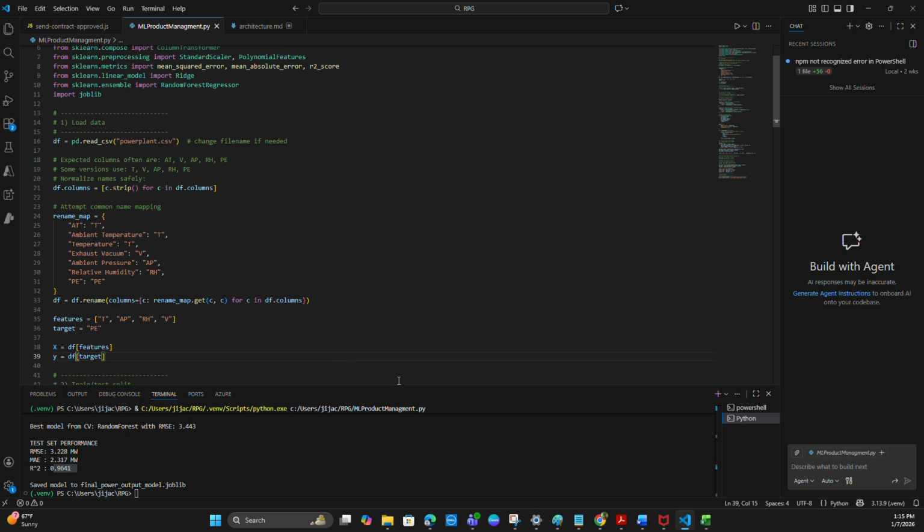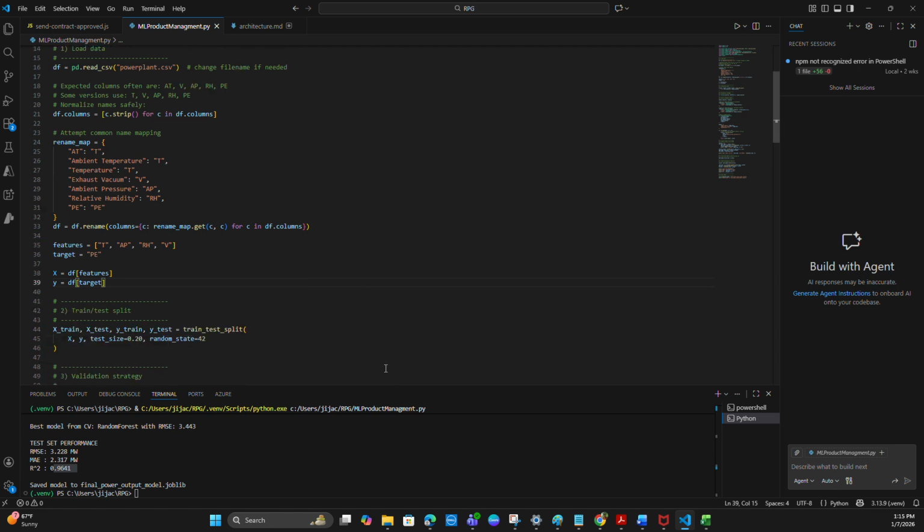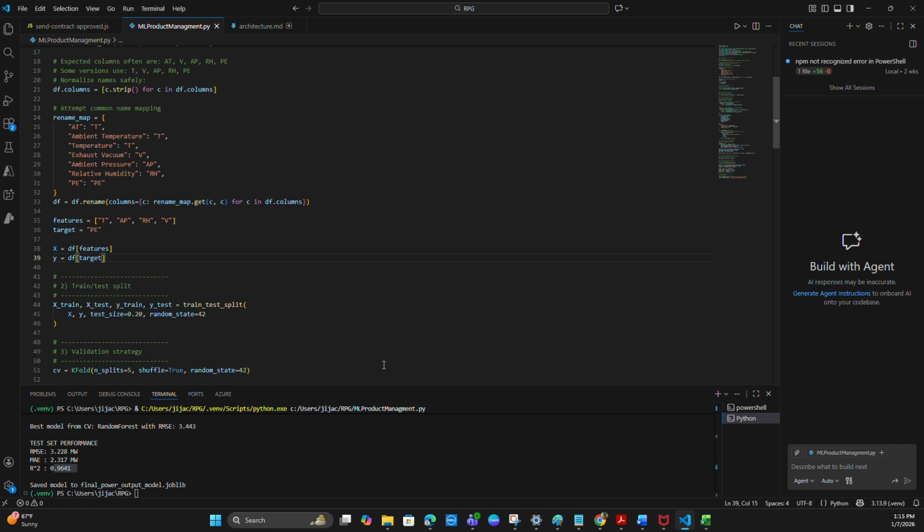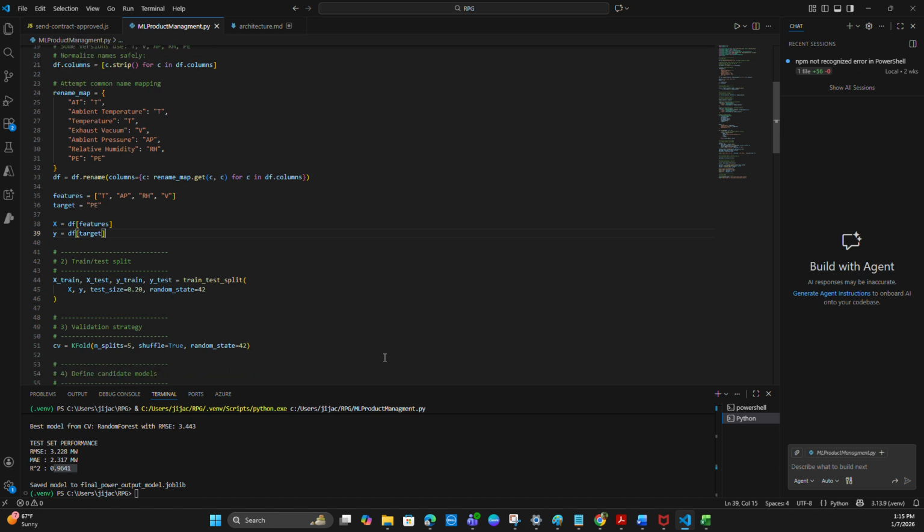So here we check the feature selection and the candidate models. I use all four sensor readings as features since each has a physical relationship with the plant efficiency and the power generation.